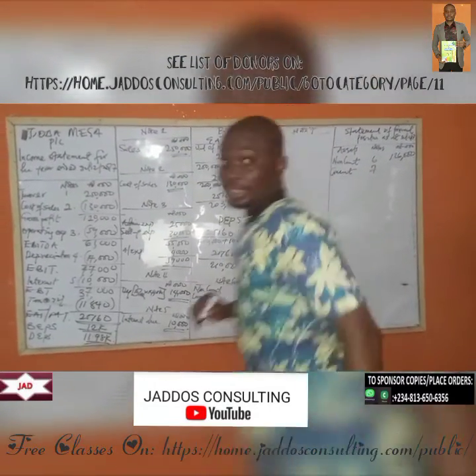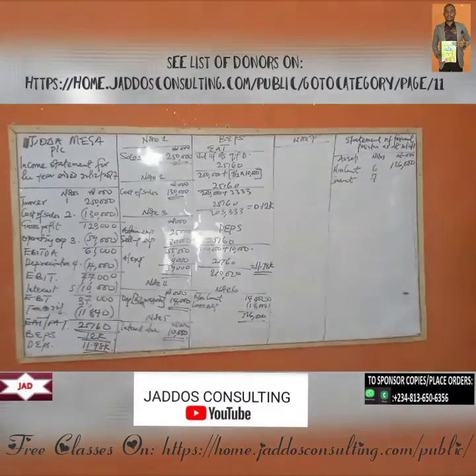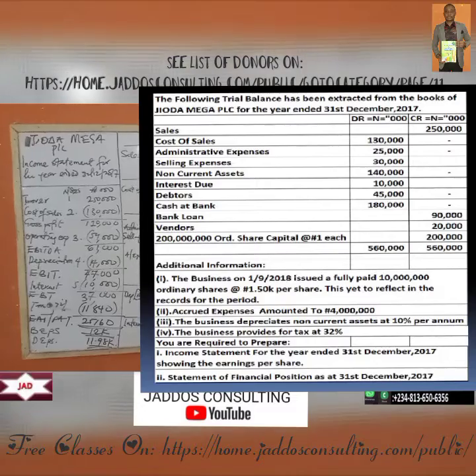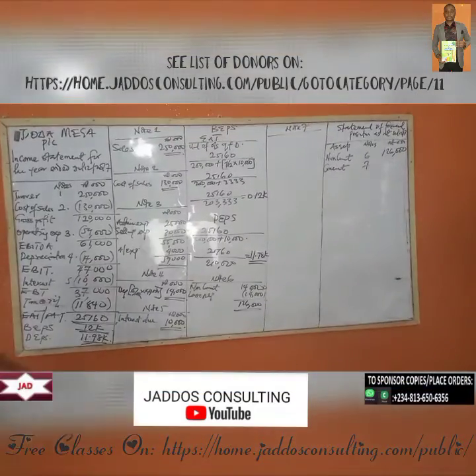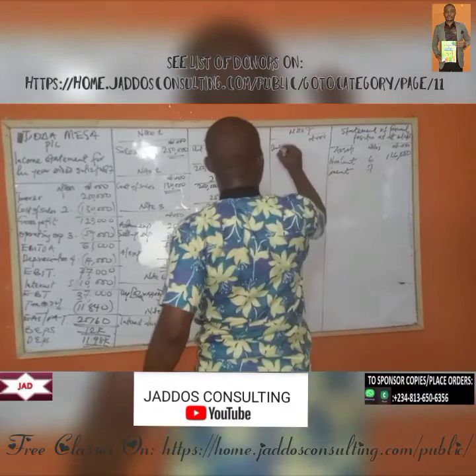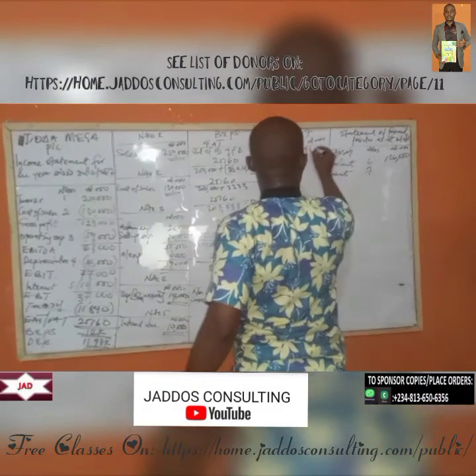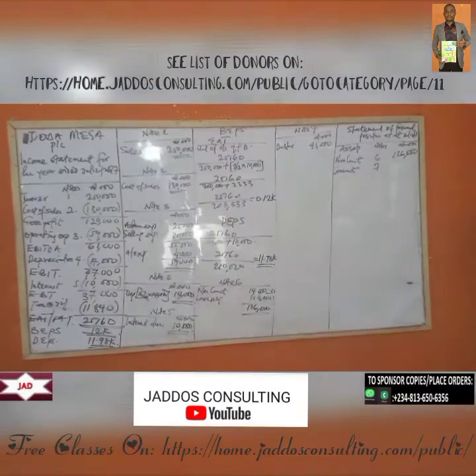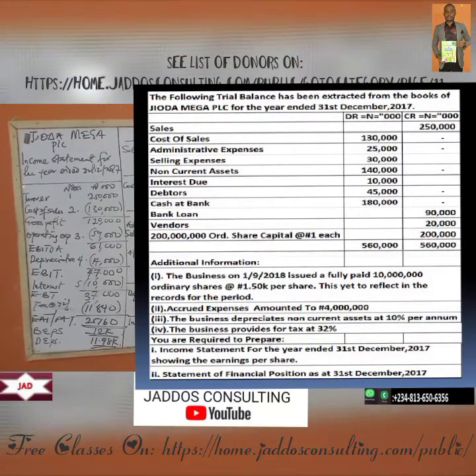So what are the current assets according to the question? Debtors, 45. So what's the next one? We have bank, 180.